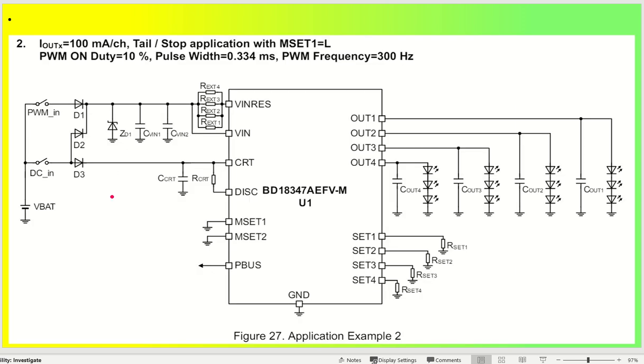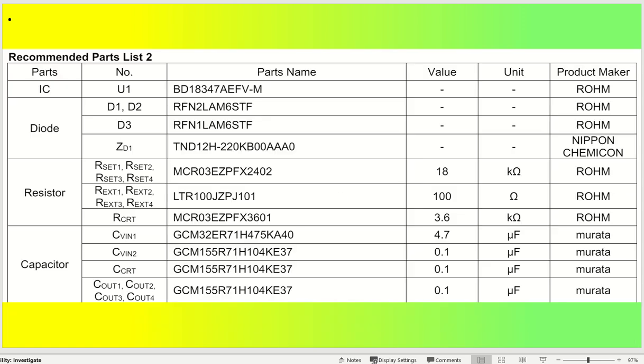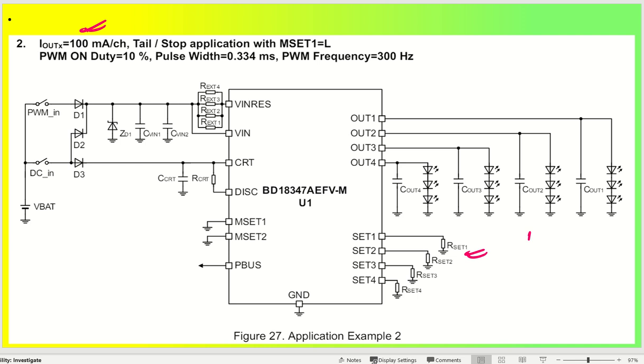They have also given I set values at 100 milliamperes. In that case, the R set value will be a little bit lower, which is going to be 18 kilo ohm. So 1800 divided by I set, which is 100 milliamperes, gives 18 kilo ohm. So all the R set values will be 18 kilo ohm for this particular output current.